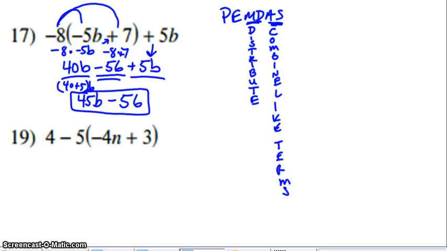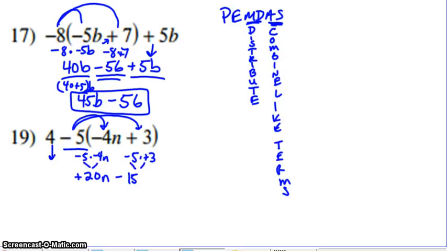Number 19 is similar, although we're going to take the negative 5, or the minus 5, and distribute it first. Negative 5 times negative 4n, and then negative 5 times positive 3, so we'll get positive 20n, and then negative 15.